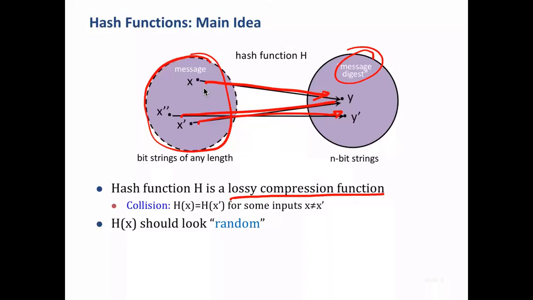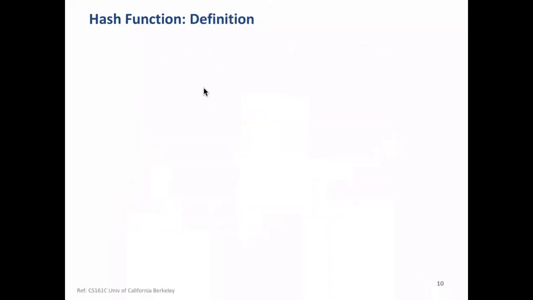The whole idea is to have a hash function where collisions are difficult to find. You cannot prevent collisions because you're mapping a large set into a small set. So the only requirement is that it should look random, and we have seen the concept of collision, etc.